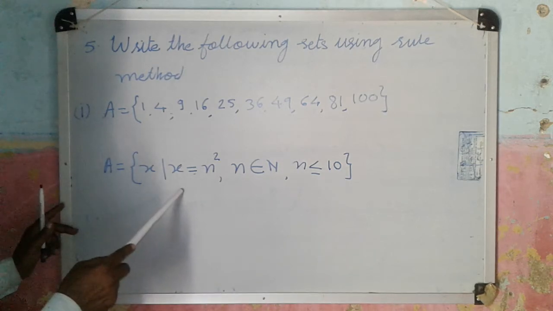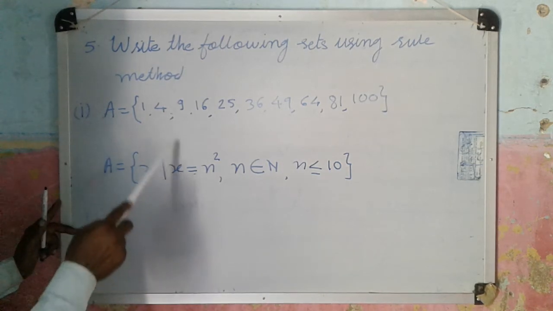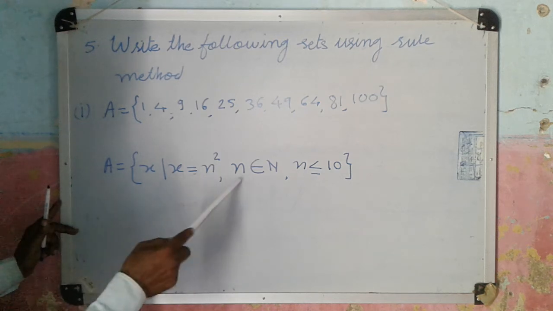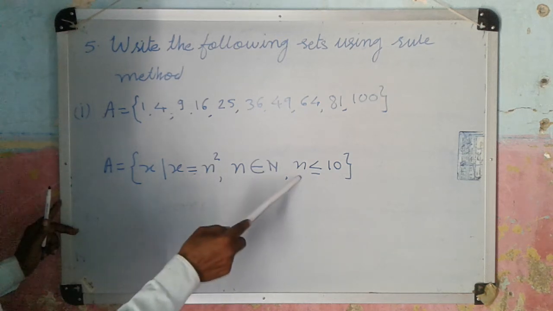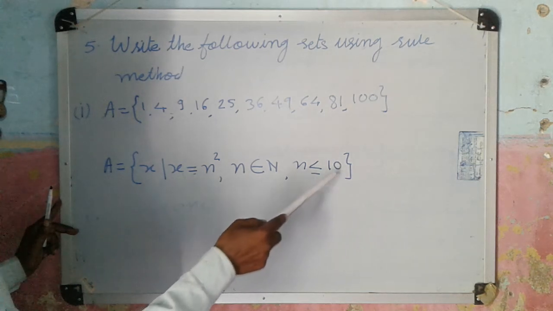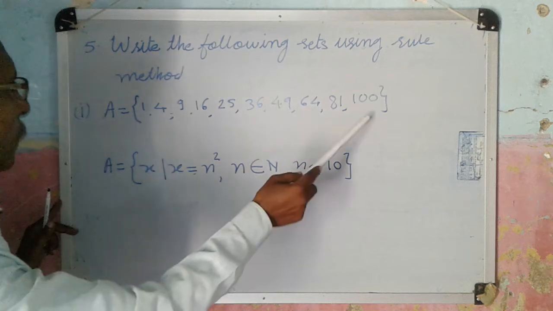This set by rule method you can write like this. That means here x is n squared, where n is a natural number less than or equal to 10, or from 1 to 10.